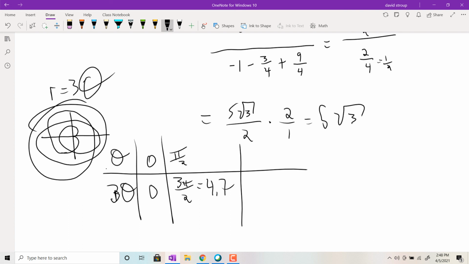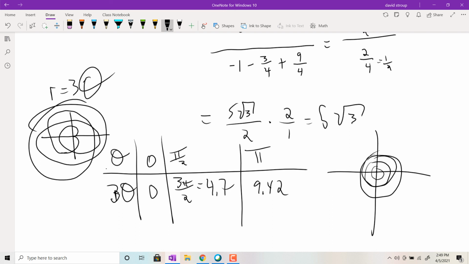And then pi, 3 times pi is 9.42-ish. So on your graph, it starts out at 0, and then goes to 4, and then it goes way out to 9, and then it's going to go way out even farther.